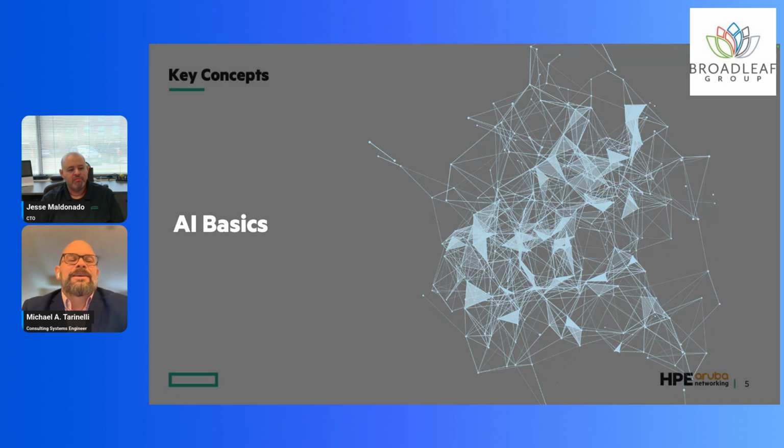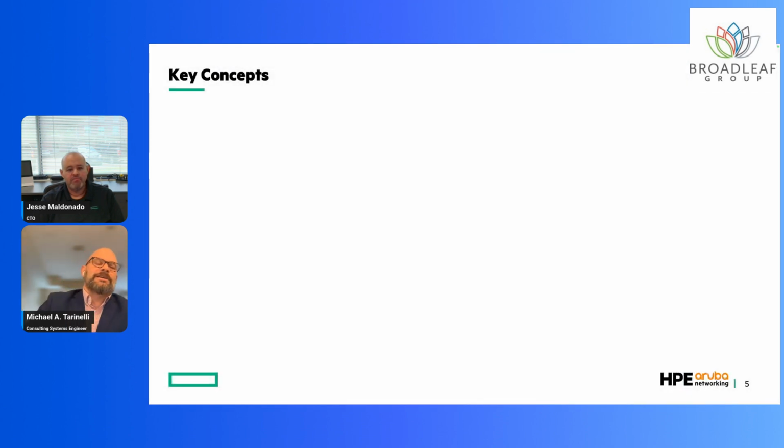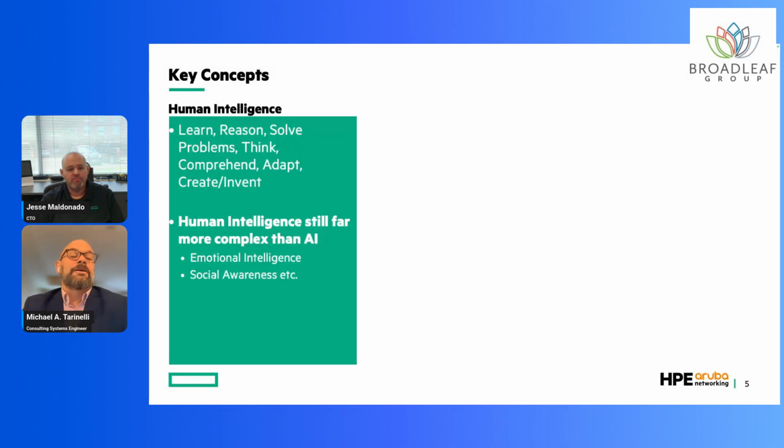When I like talking about the basics, I like to jump into human intelligence, right? That's kind of where it all starts. That's us. What do humans do really well? We learn, we reason, we solve problems, we create, we make beautiful art and music, we adapt. Things that humans are really good at are those innate capabilities. We call it, in air quotes, the ability to read the room.